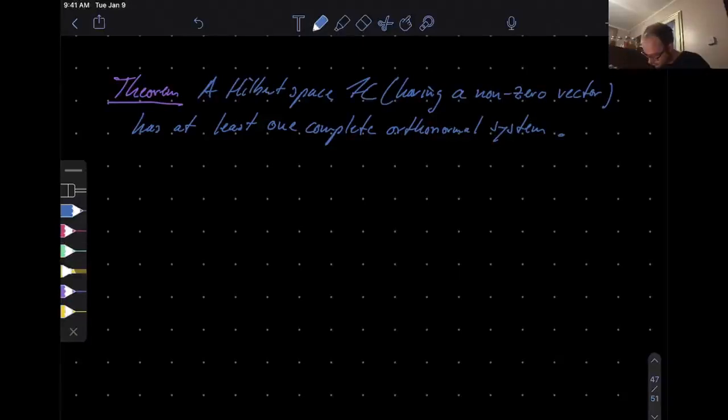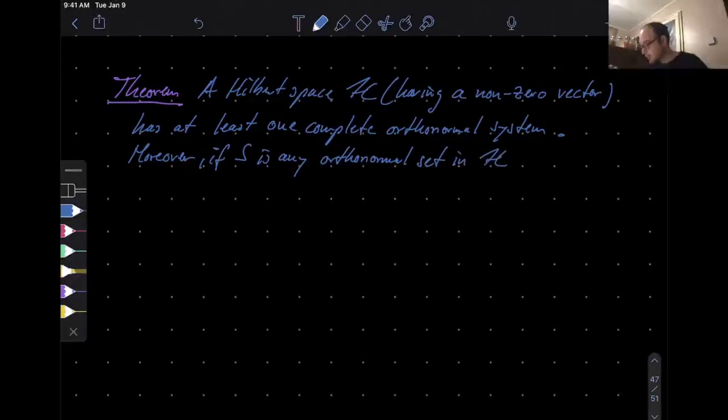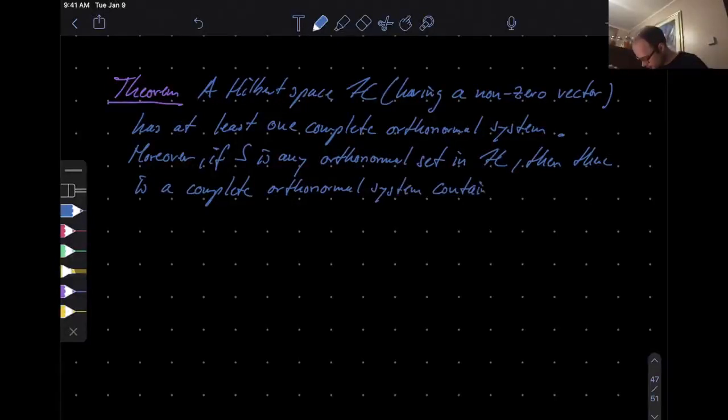Okay, moreover, it's also something that you know from linear algebra. If S is any orthonormal set in H, then there is a complete orthonormal system containing S as a subset.